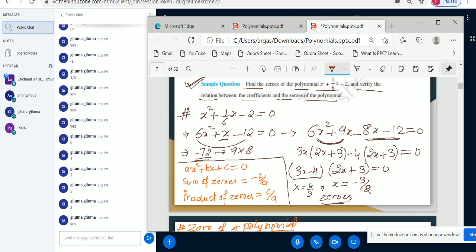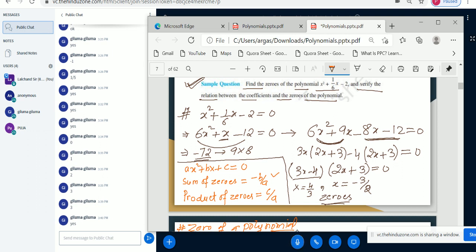Now you have to verify this relation, whether for this zero and this zero, the sum of zeros is equal to minus b by a or not, or whether the product of these two zeros is equal to c by a or not. Can you verify this relation? Okay, let us try.